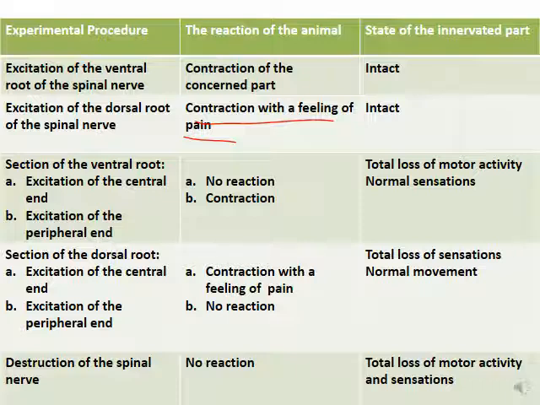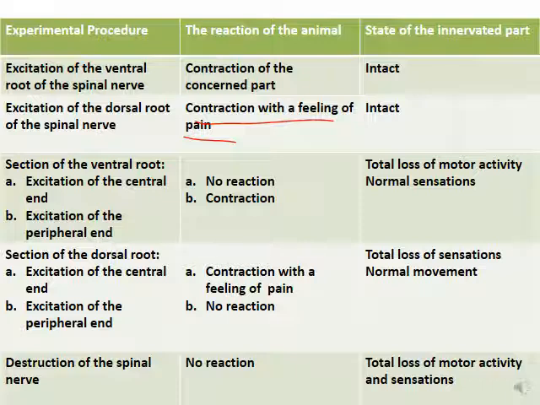Whereas in the second experiment, the excitation of the dorsal root of the spinal nerve, we had the contraction of the concerned part with the feeling of pain, meaning that the message was propagated from the dorsal root toward the spinal cord, then to the brain, and then toward the concerned part, which is the muscle. Therefore, it has a sensory function. So dorsal, S, sensory function, whereas ventral, motor function.